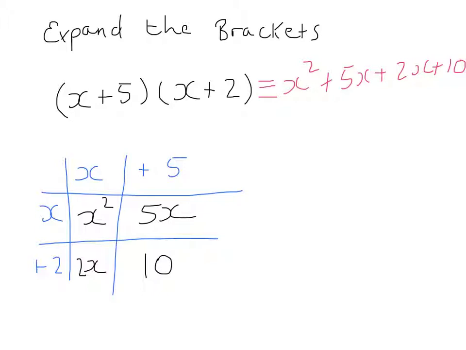Now, having written that, we should always simplify where we can, and we have two like terms, 5x and 2x. That was these two here. So on the next line we should simplify that expression and write x squared, add 7x, add 10.